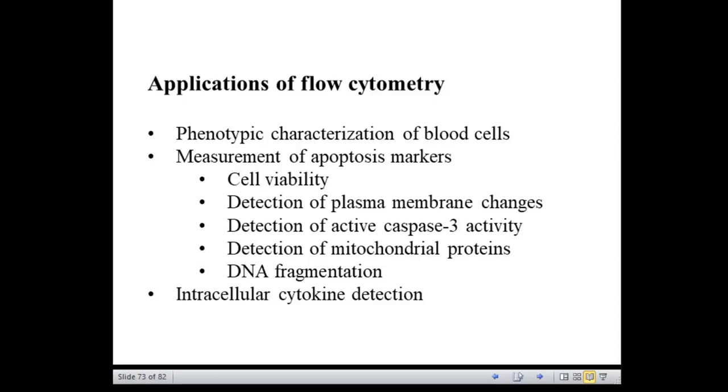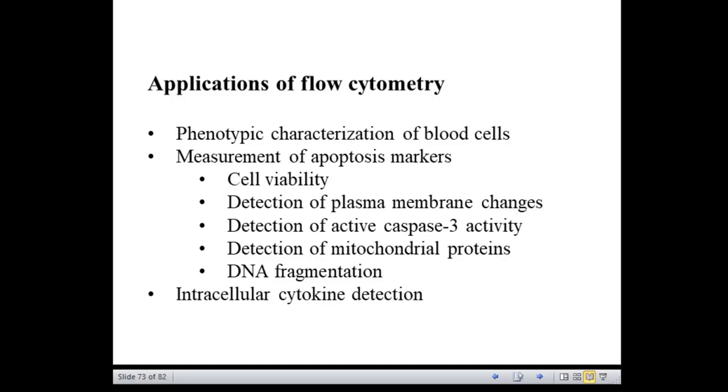Continuing our discussion, now we will look into the applications of flow cytometry. Flow cytometry is used for, number one, phenotypic characterization of blood cells. Number two, measurement of apoptosis markers.